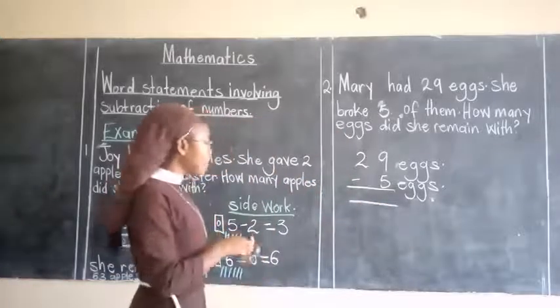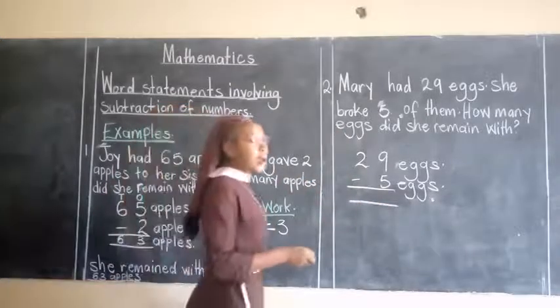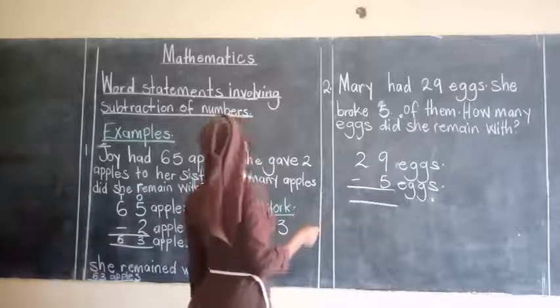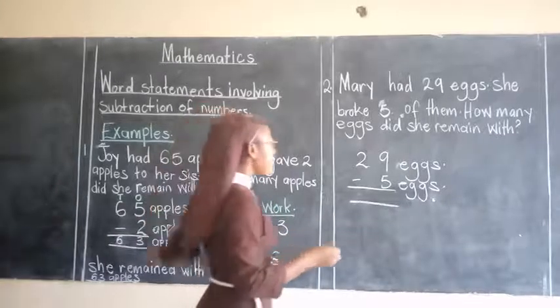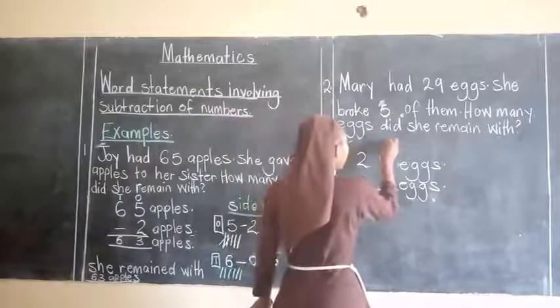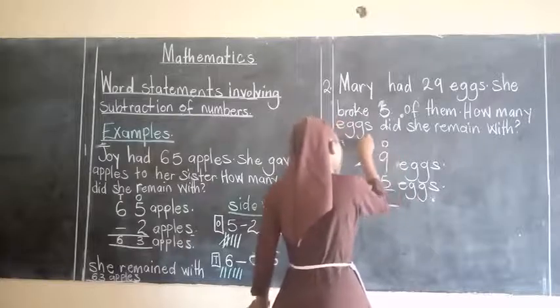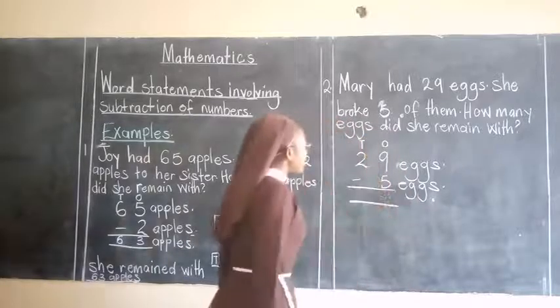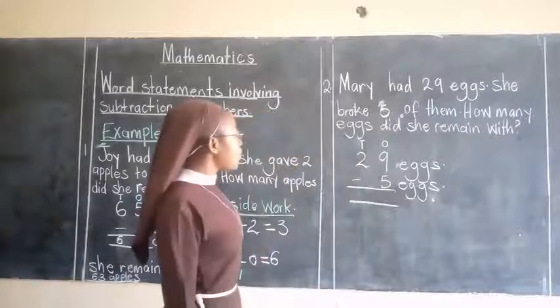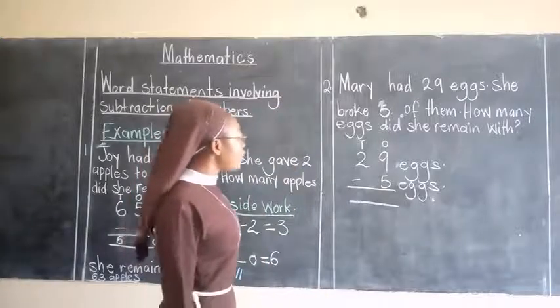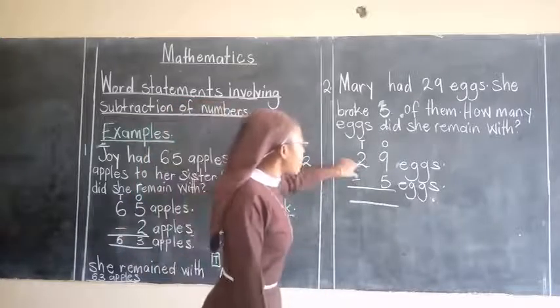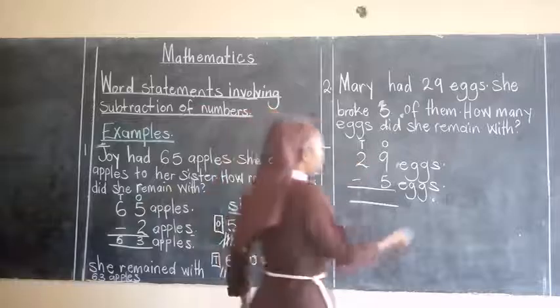Before we subtract, we are supposed to mark our place values. As we did in our previous example, I said the first place value is usually the ones. Why do we mark these place values? In order to help us not to mix up these numbers while we are subtracting.